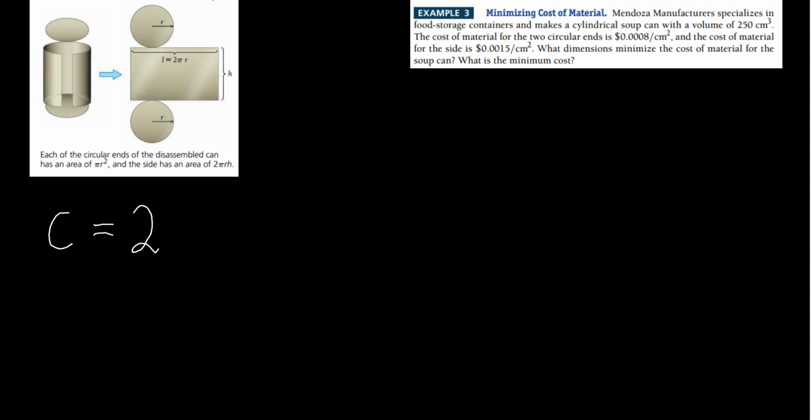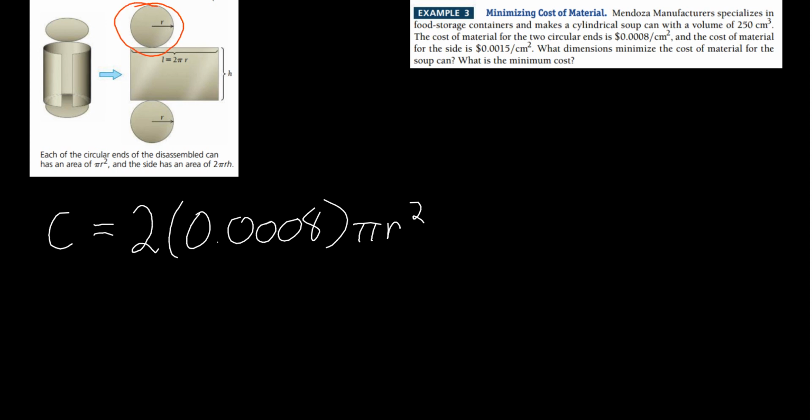So we multiply by that number: 0.0008. But we also have to keep in mind their area, because we're trying to figure out what dimensions we need to use. What is the area of that circle? The area of that circle is pi r squared. So we put pi r squared. That takes care of the cost as well as the dimensions of these two circles.